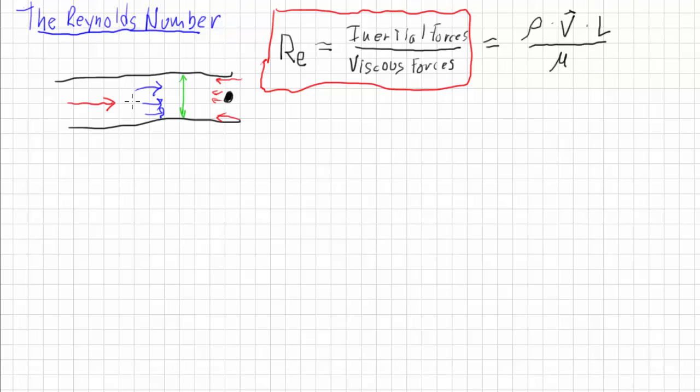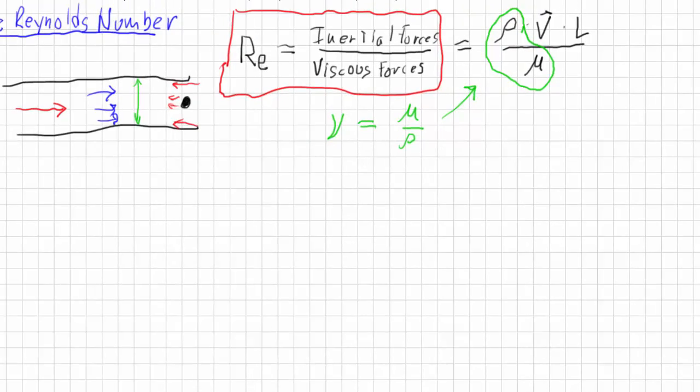If you notice, we can take the density and the dynamic viscosity and note that the kinematic viscosity, nu, is equal to the dynamic viscosity divided by the density.